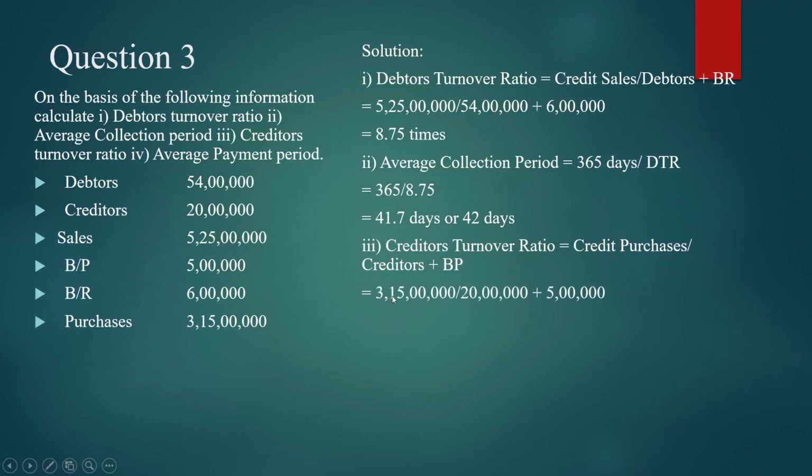So it is credit purchases divided by creditors plus bills payable. Here creditors is 20 lakh plus bills payable is 5 lakh. It is the same procedure we followed in the debtors turnover ratio. When we calculate this, we get the value as 12.6 times.